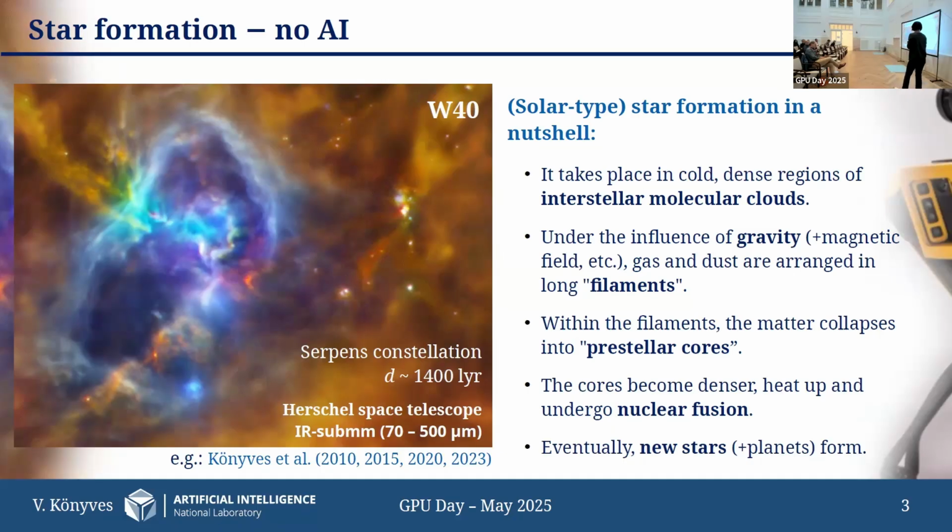Each color in this image is a wavelength or a combination of wavelengths in the 70 to 500 micrometer range, which are exactly the wavelength ranges where we can see the diffuse and even the more compact interstellar matter, knowing that stars are forming in the densest and coldest regions of the molecular cloud.